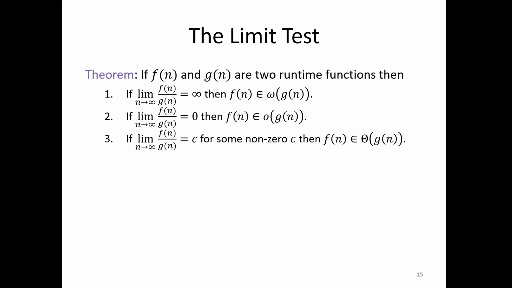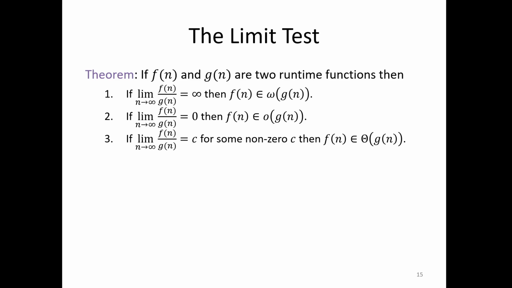The theorem, as stated here, requires that we have two functions, f of n and g of n. Here I state there are two runtime functions, but I haven't stated specifically what I mean by that formally. But let's assume they're well-behaved runtime functions. They're monotonically non-decreasing and non-negative, at least over the range that we're interested in.